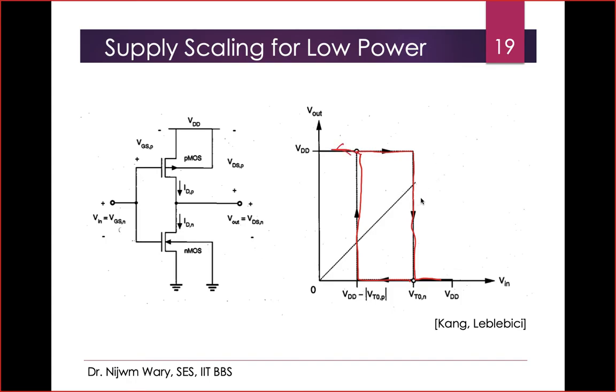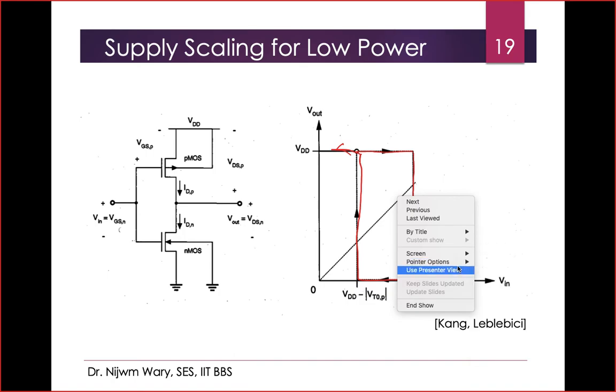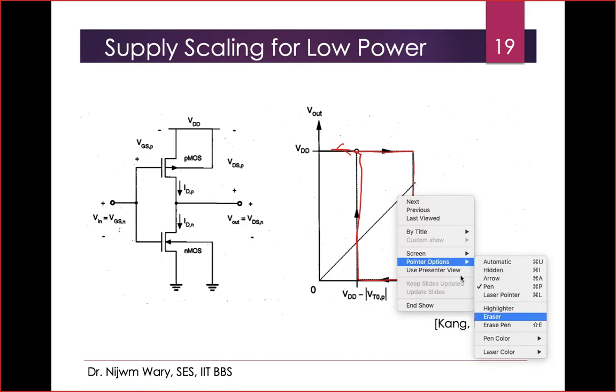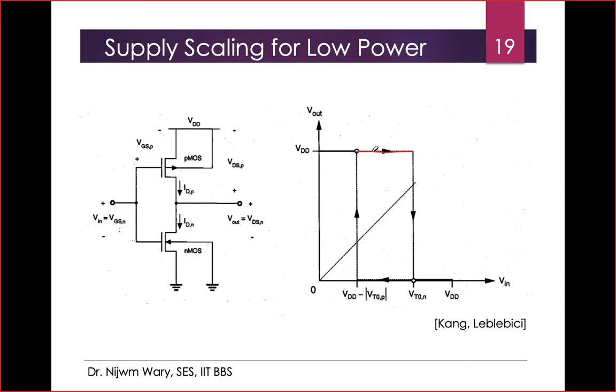Again, this is also not very difficult to understand. This is why it's happening. Whenever I'm slowly increasing my input voltage from zero, you can see here my threshold voltage VT has come to this point.